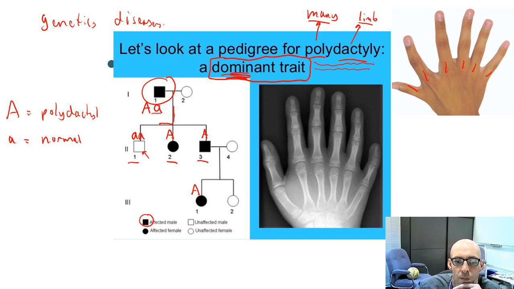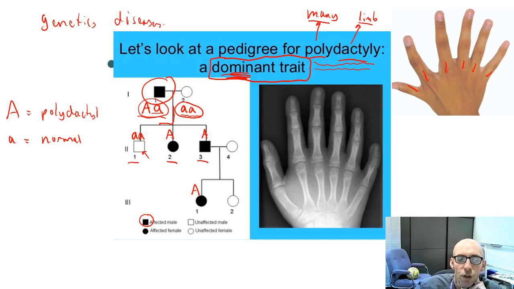So they must have got the small recessive gene from here. And this parent was there. So now what I can do is put my genotypes on here. So this heterozygous polydactyl person married and had children with this homozygous recessive female.